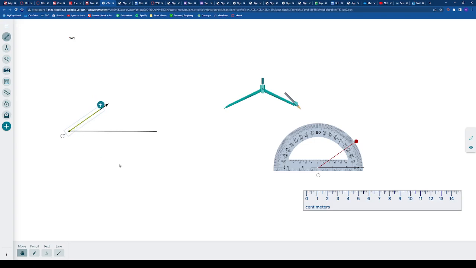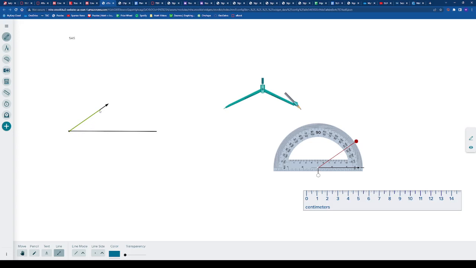So now I have two fixed points. The end point of this is known because we had a known side length for the black segment. The end point of this green one is known because the angle here is set and the length of the green segment is set. So there is only exactly one way I can close this triangle, because between any two points, there's only one line connecting them.